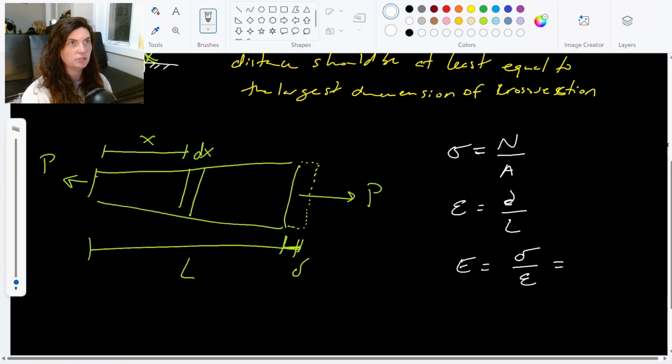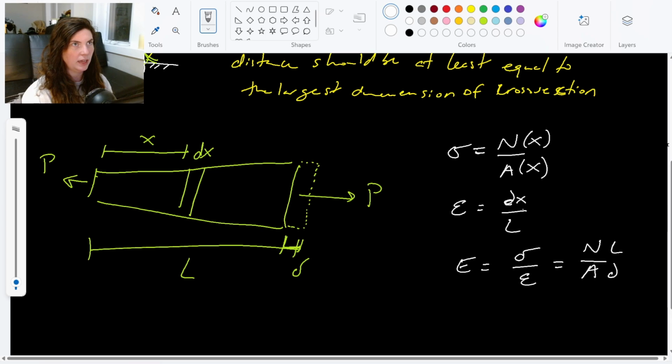I can put my stress and my strain in here. So I have normal over area times length over delta. And what I get, if I treat it as an integral, where my normal force maybe is changing with x, maybe my area changes with x, my delta changes with x.